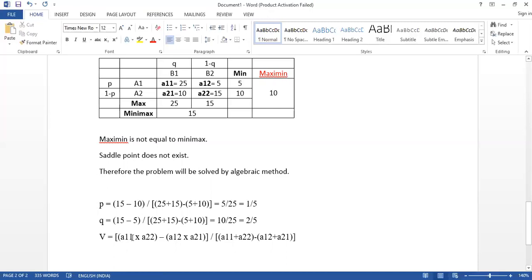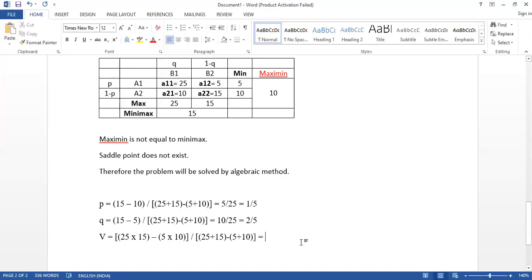That means the probability that B1 will be chosen is 2 by 5. Right? Finally, A11 is 25 into A22 is 15 minus A12 is 5 into A21 is 10, divided by A11 is 25, A22 is 15, A12 is 5, and A21 is 10. So this equals, right?